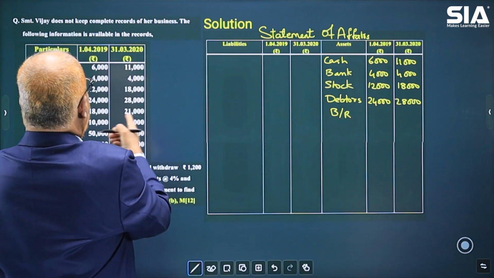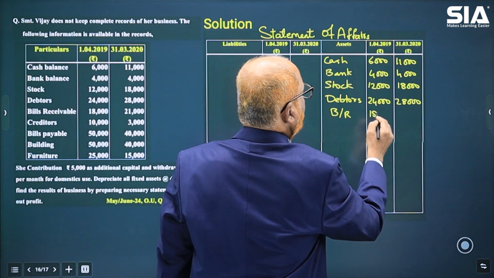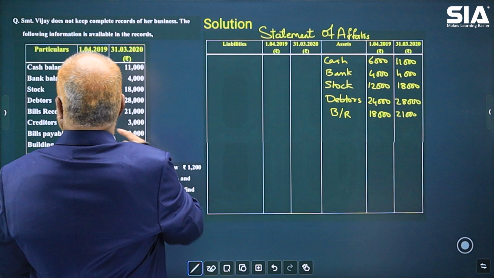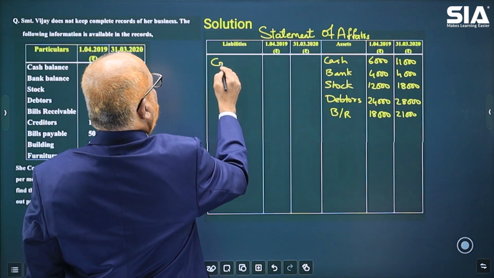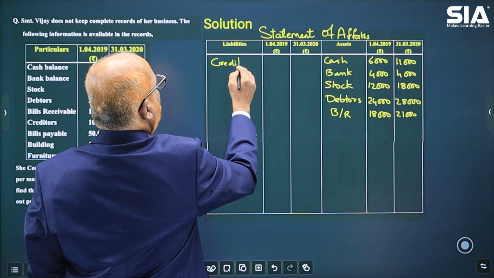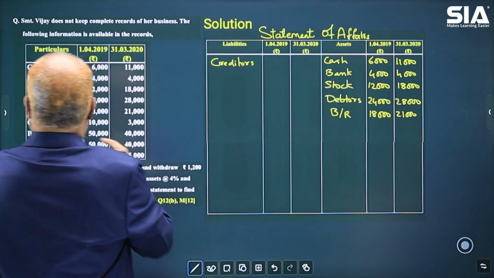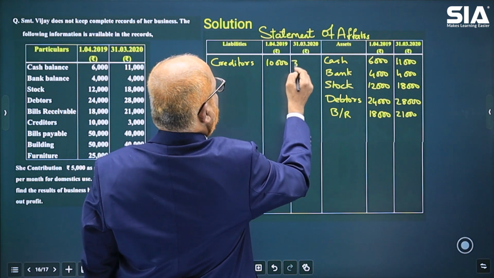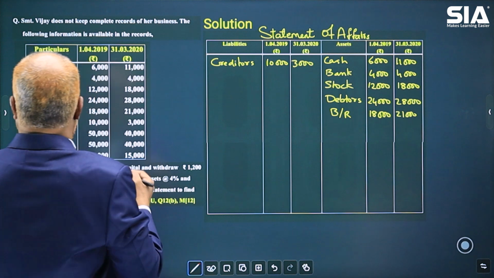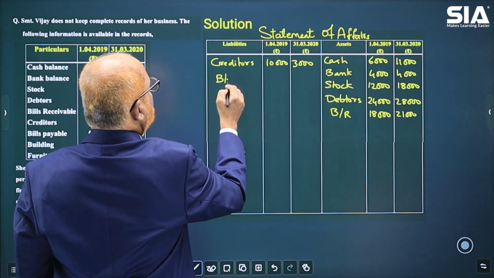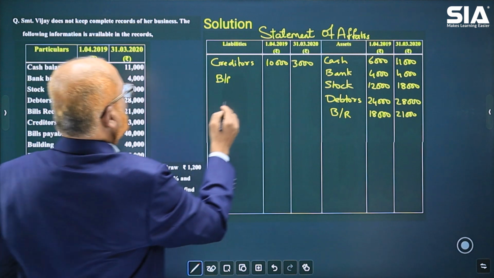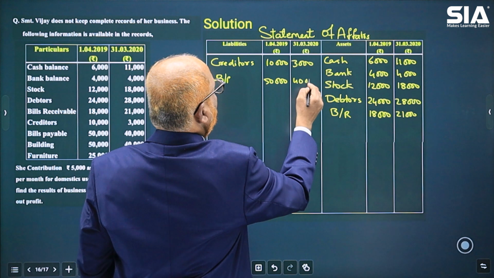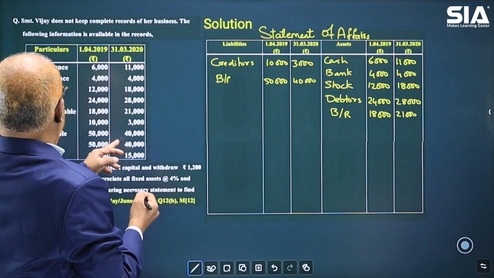Next comes bills receivable. The bills receivable are 18 and 21. Creditor is a liability. Creditors 10,000 and 3,000. Bills payable is 50,000 and 40,000.